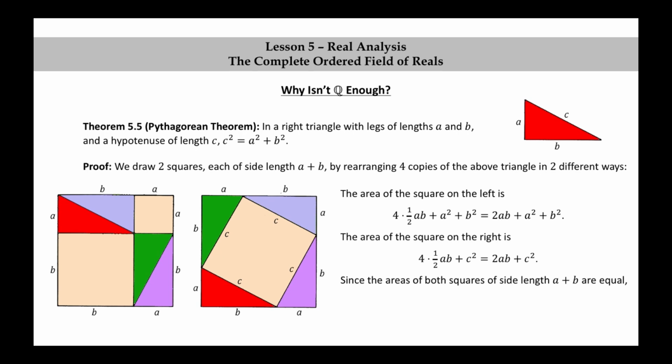Since the areas of both squares of side length A plus B are equal, we have that 2AB plus A squared plus B squared is equal to 2AB plus C squared. And now we can cancel 2AB from each side of this equation, and we get exactly what we're looking for. A squared plus B squared equals C squared. And that proves the Pythagorean theorem.